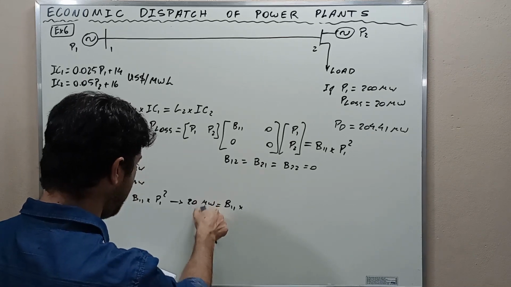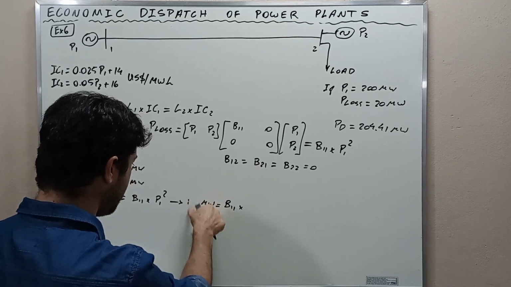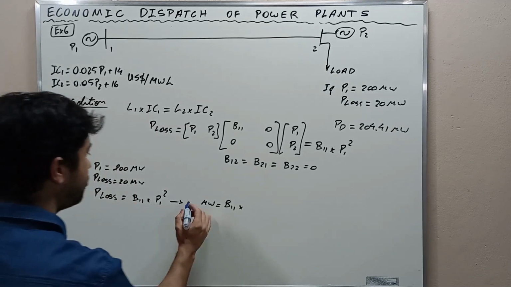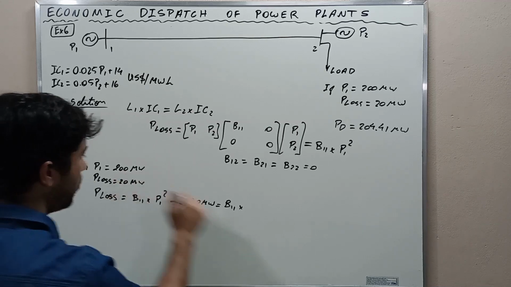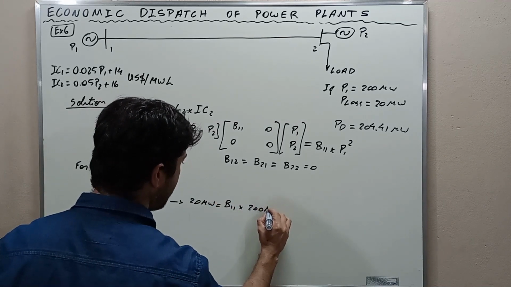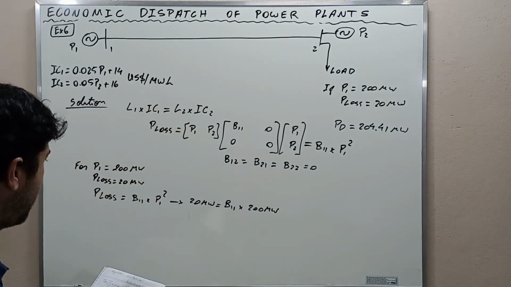No, here is the opposite. P losses 20 is equal to B11 times P1, P1 is 200 megawatts, okay, squared.